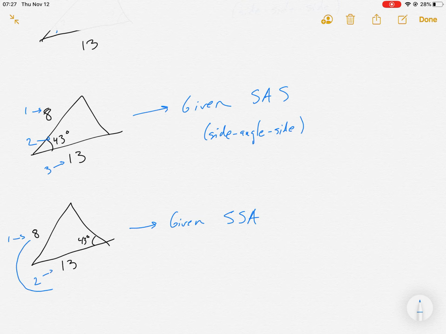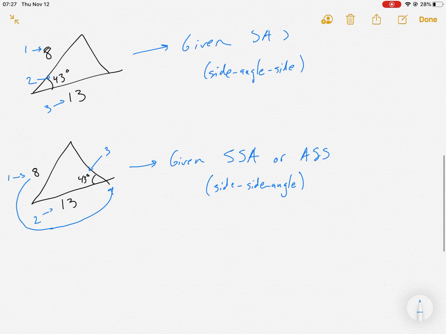So I'm kind of going around this way, and then I end with the angle. Alternatively, you might see it backwards, and you might spell a bad word if you do it backwards. That's okay. SSA or ASS are both fine. The order doesn't really matter. And we're going to come back to all of these. You might remember different sorts of rules about all of them, and we will come back to those.